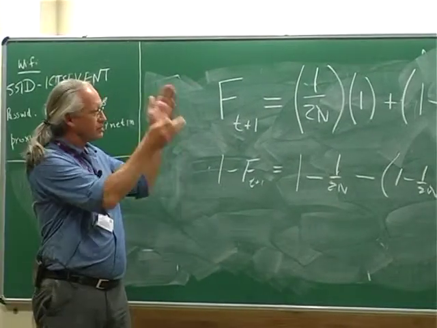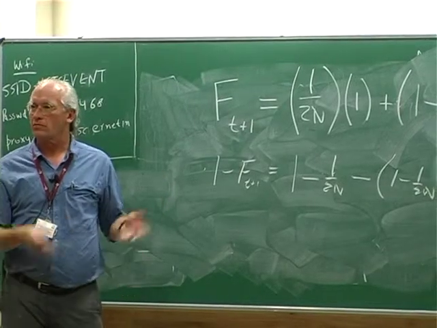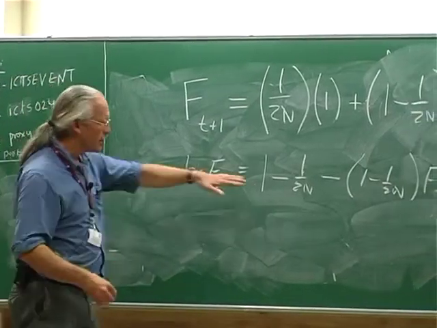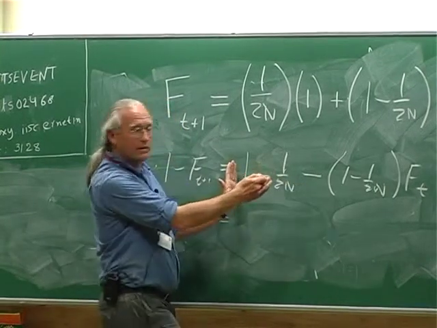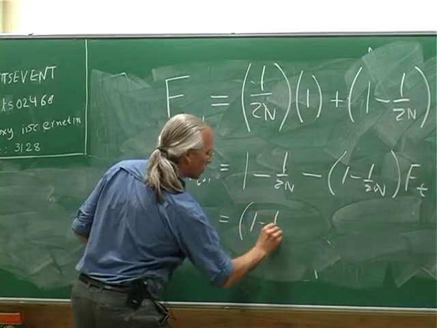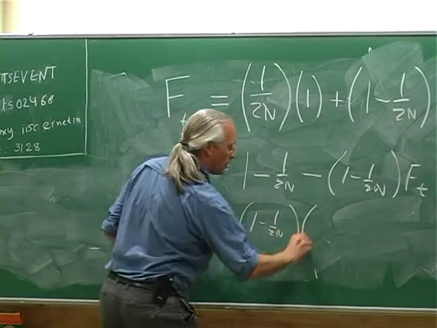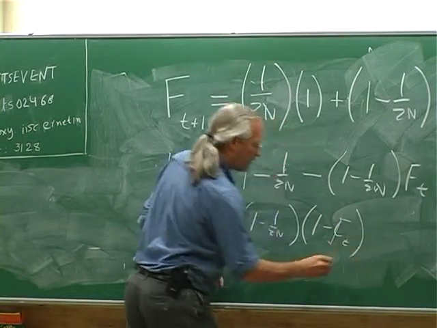Okay, I multiplied both sides times minus 1 and added 1 to both sides. So 1 minus both sides, you get this. Well, that's also equal. Here's this 1 minus 1 over 2n that we can factor out. So we got 1 minus 1 over 2n times 1 minus f t.